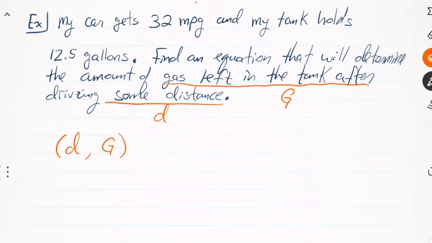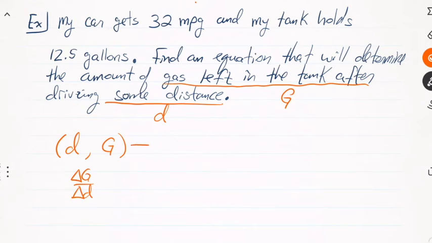So the order of my points has to be d and G. Now, when we're talking about slope, it has to be change in gallons over change in distance. So that's important also, to know that it's gallons per mile rather than miles per gallon. And we'll see how that pops out when we do this.